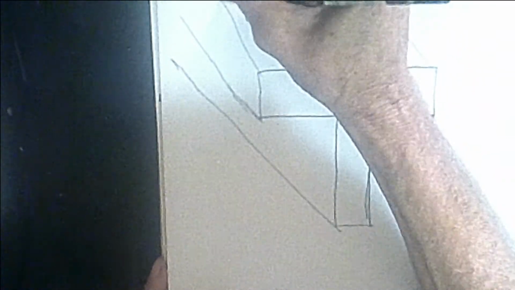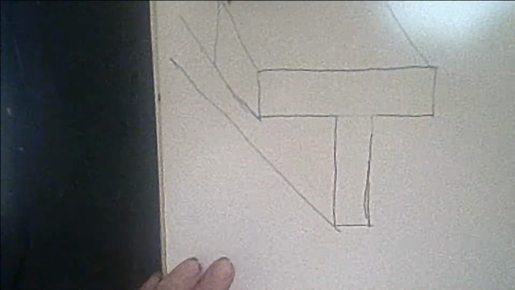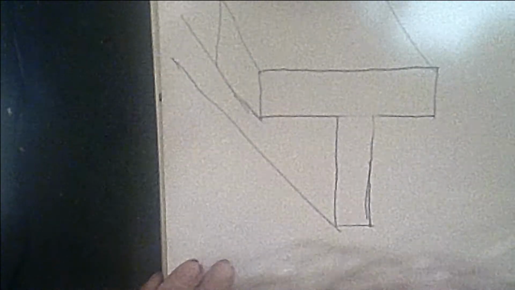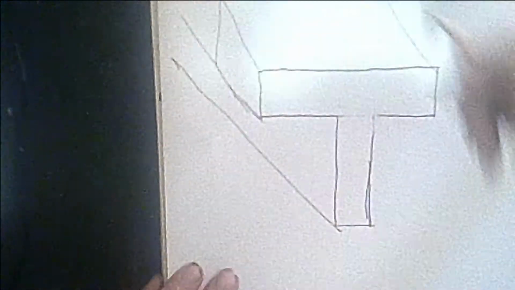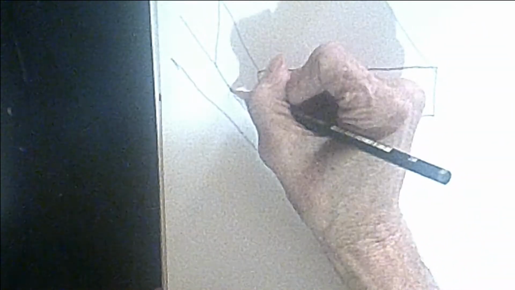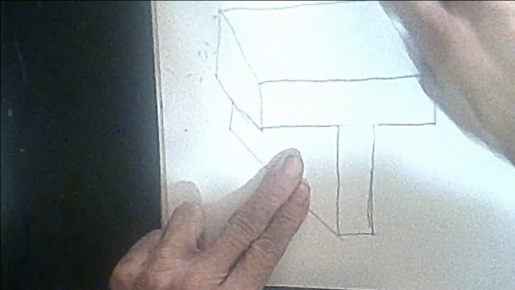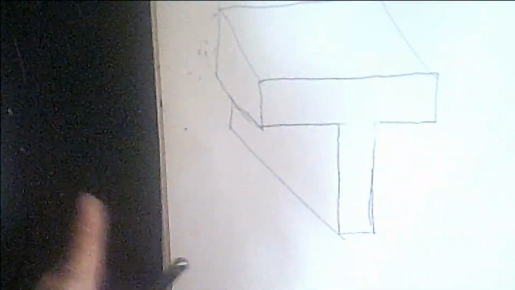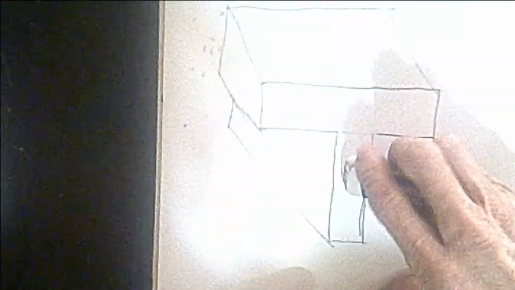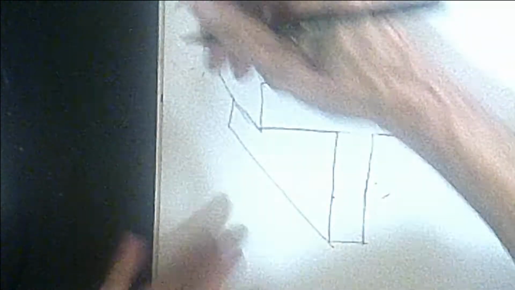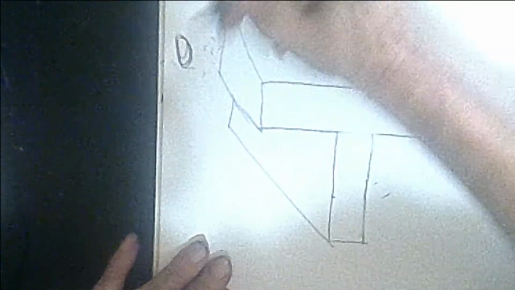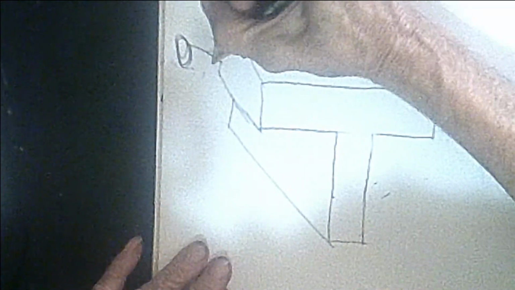We're going to connect this to there, connect this over to here, and connect this right here. And we're going to work construction lines. Now this time the light source comes from this direction. It's hitting right on this side here.